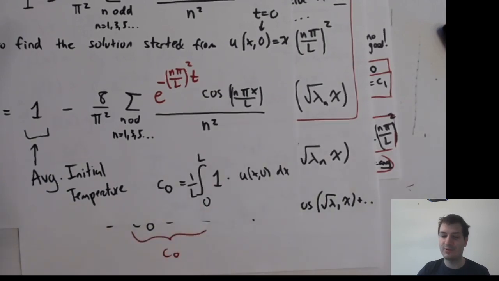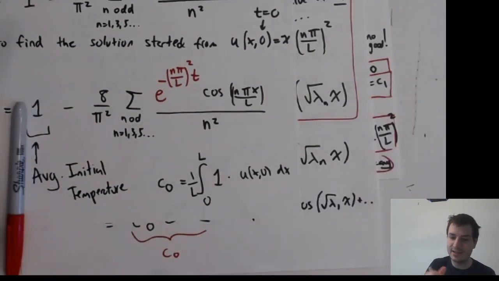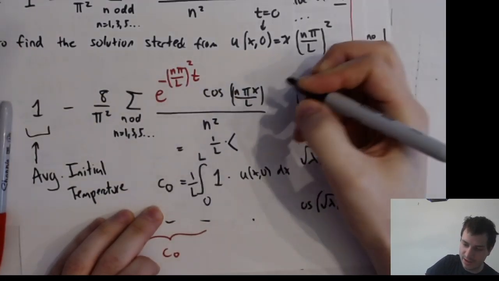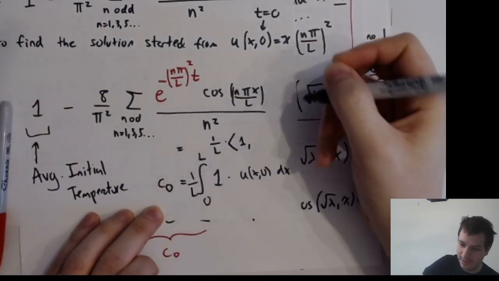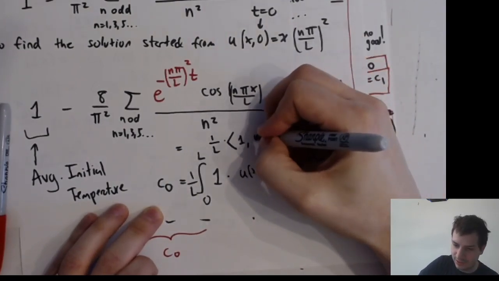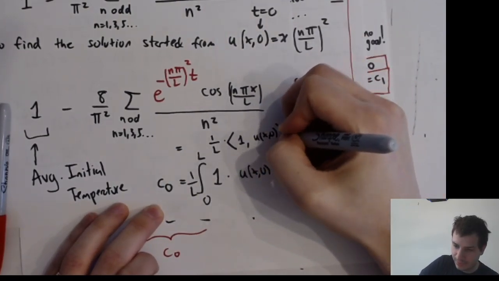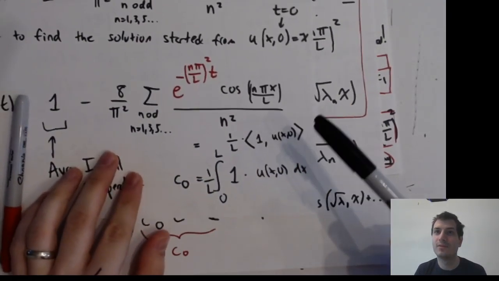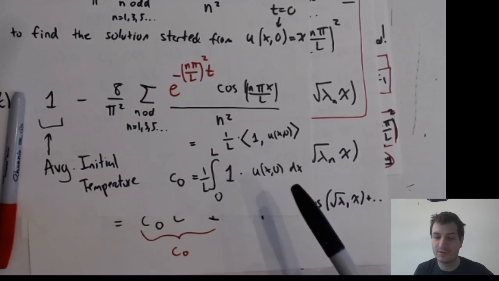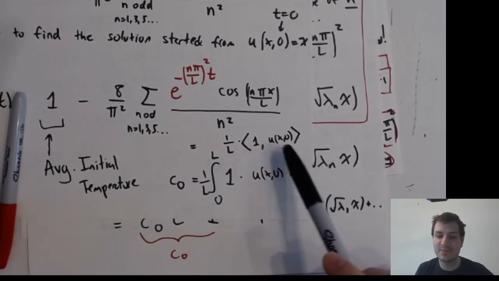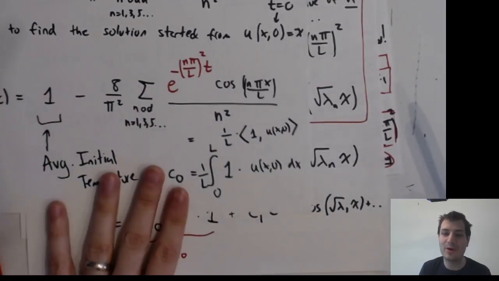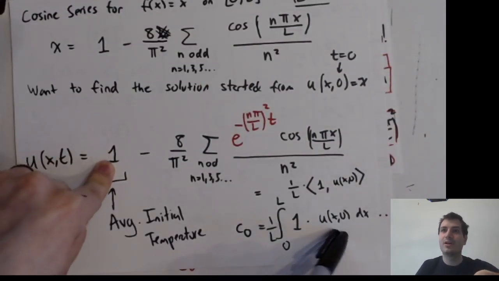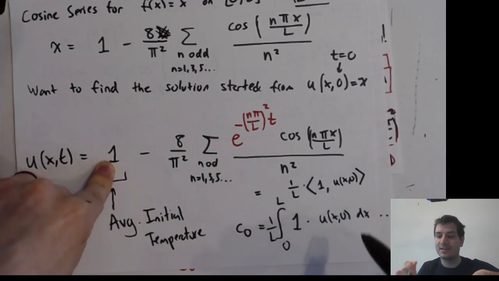You might recognize this as the inner product: it's 1 over L times the inner product of the function 1 with the initial condition, u(x,0). The reason this comes up is as an inner product. I skipped doing inner product, but that's where the average value comes from.